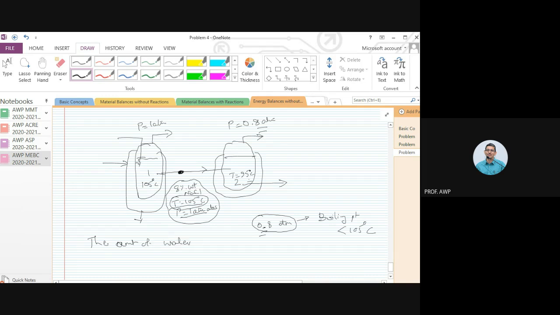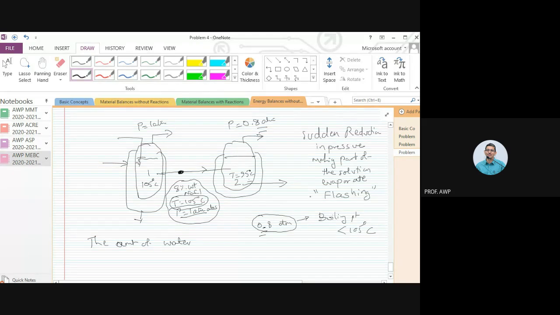This process of sudden reduction in pressure, making part of the solution evaporate, there is a nice name given to that process. It is called flashing.